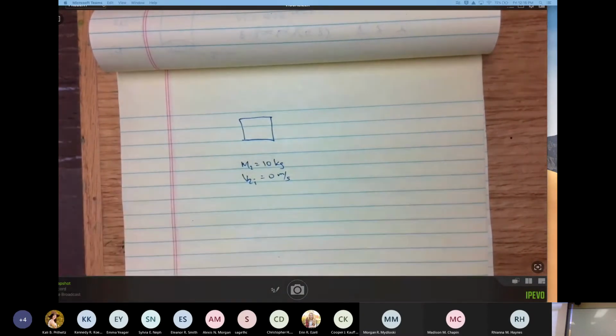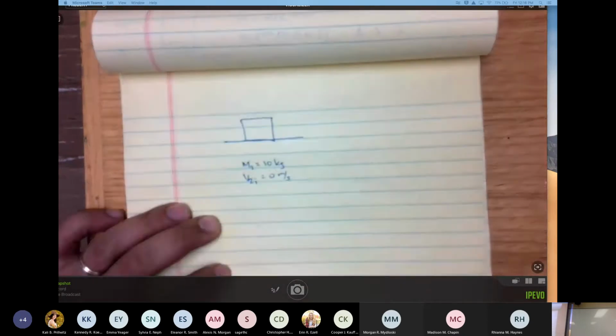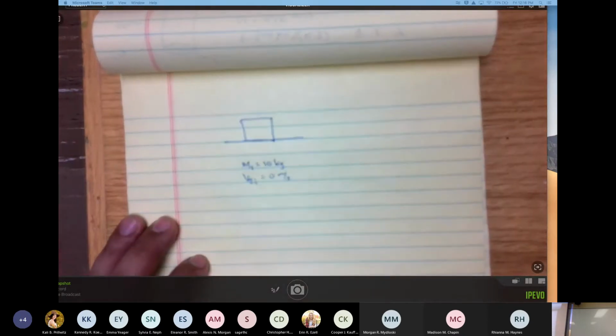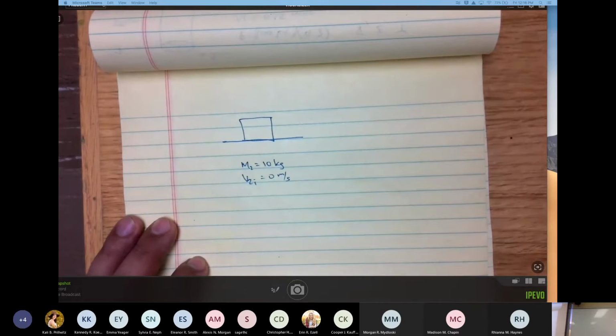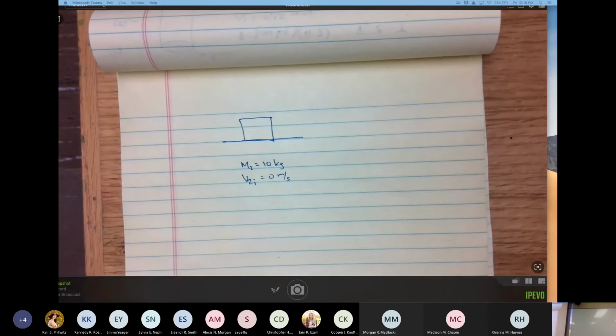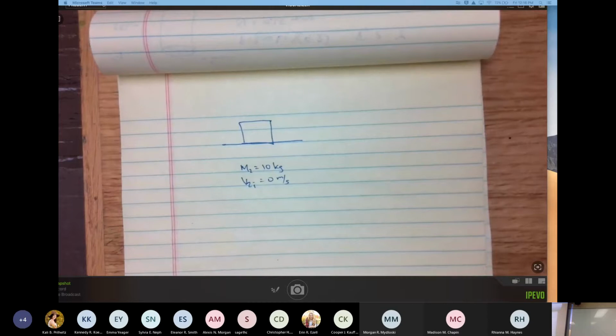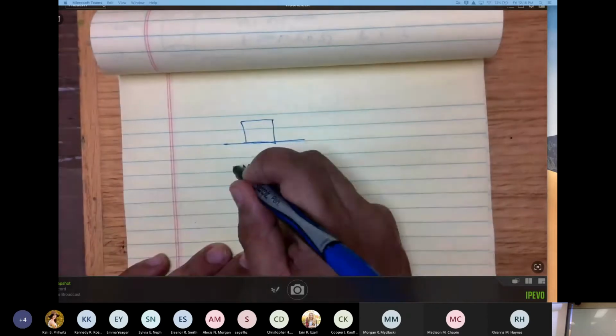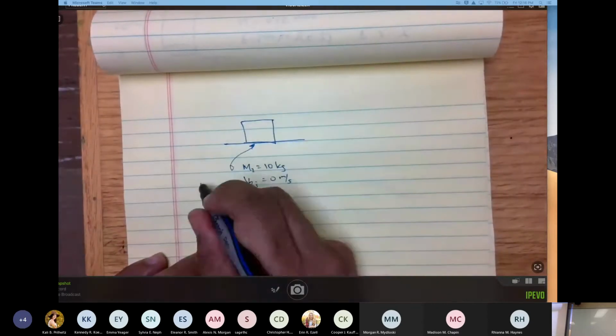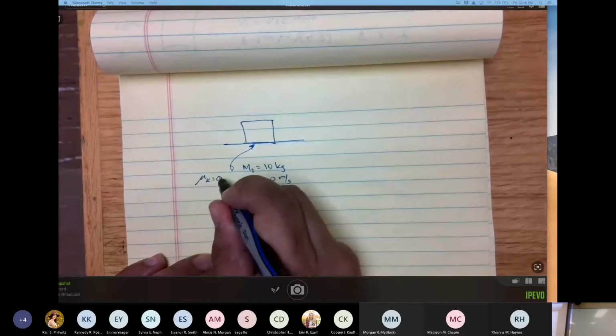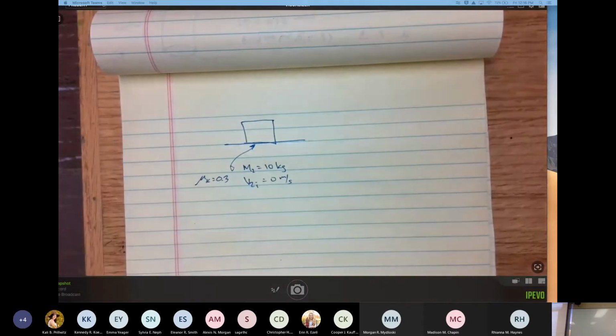And I'm going to place this block, obviously, on a surface. And one of the things that you can estimate is the friction coefficient between the two surfaces. So you know this friction. So for this example, I'm going to assume they have a friction coefficient of 0.3. Okay?